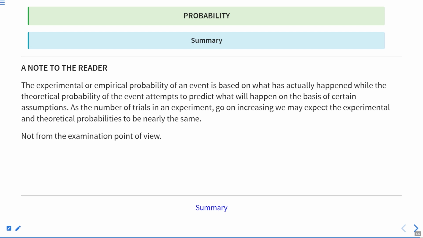As the number of trials in an experiment goes on increasing, we may expect the experimental and theoretical probabilities to be nearly the same. This is not from the examination point of view, this is from the knowledge point of view.